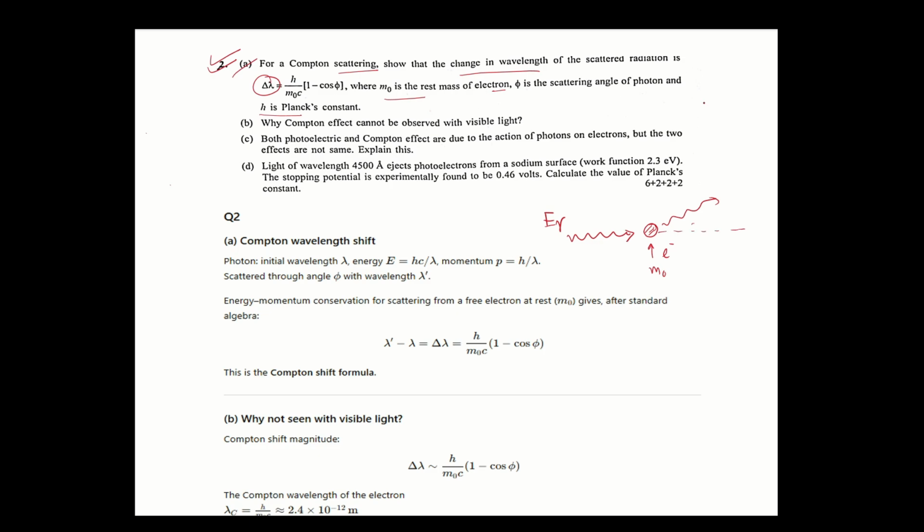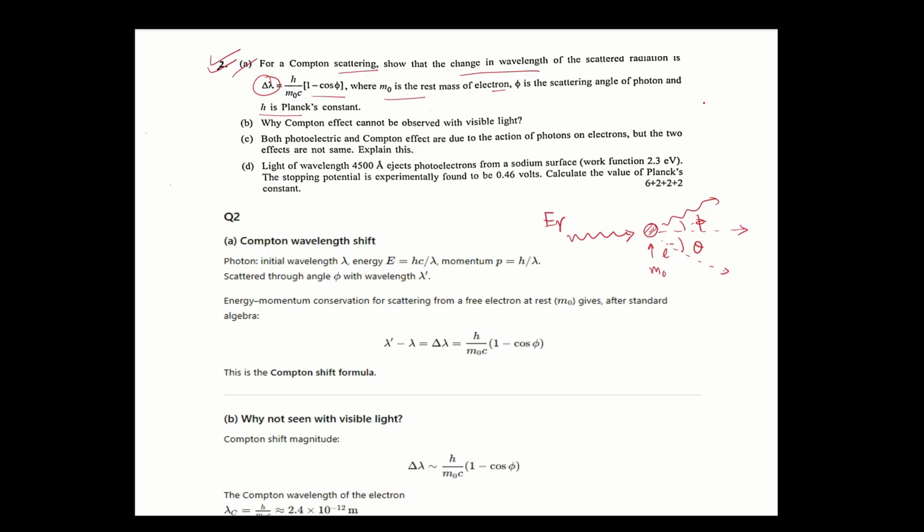If this is the scattering angle of the photon, that is phi, and this is the recoiling angle of the electron, this is theta. Then we can easily show that the change in the wavelength of this scattered photon is h by m naught c into 1 minus cos phi.